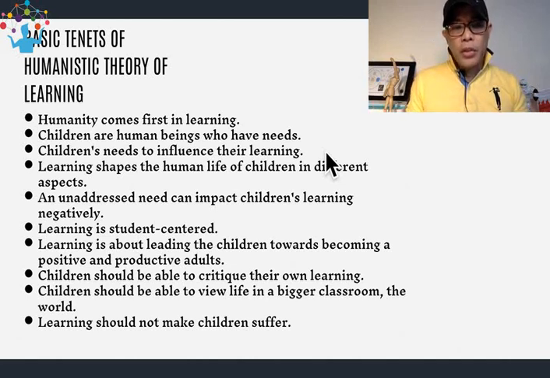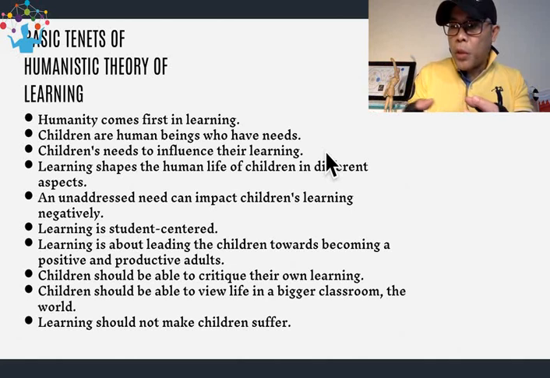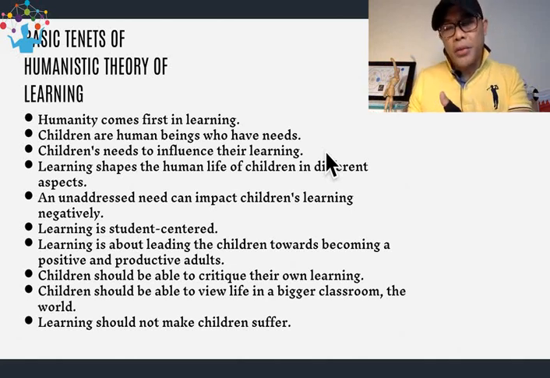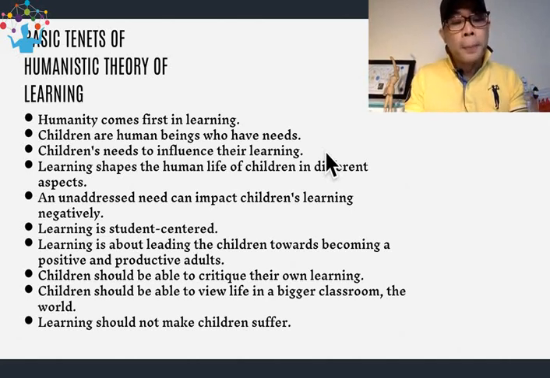And the next one is children should be able to view life in a bigger classroom, the world. So it's not only about the life happening in the classroom. Whatever is happening in the classroom should always be something that they will be able to carry over when they get out of the classroom. The world, the family, the community, the society that they engage with, or even the social media, the use of social media.